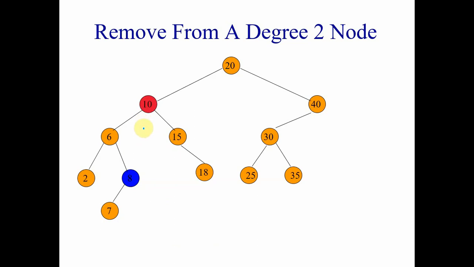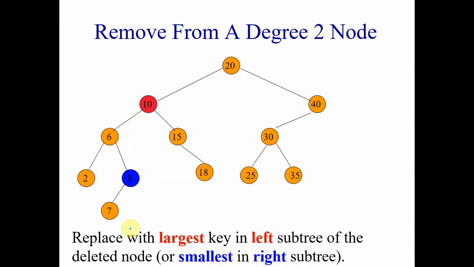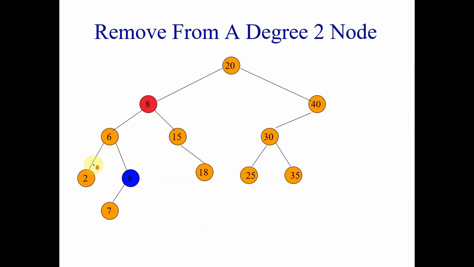As a consistent example, we would like to replace with the largest key in the left subtree of the deleted node. So first, as you would like to remove 10, you find that 8 is the greatest smaller number, so it will replace the node 10. The first step is to duplicate the node for 8 here.